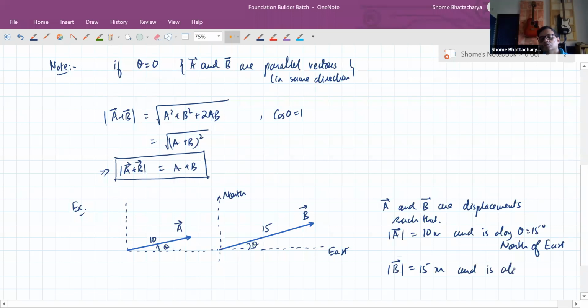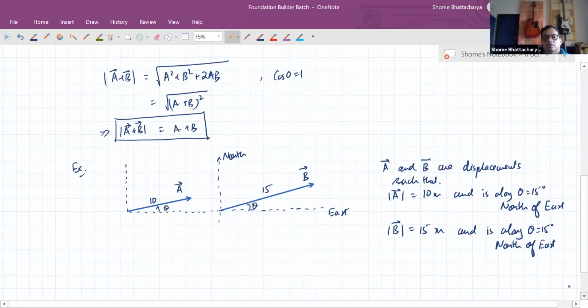B is also along theta equal to 15 degrees north of east.